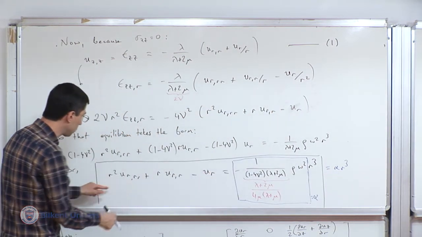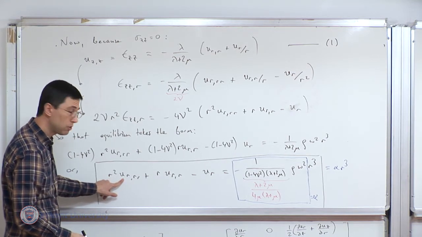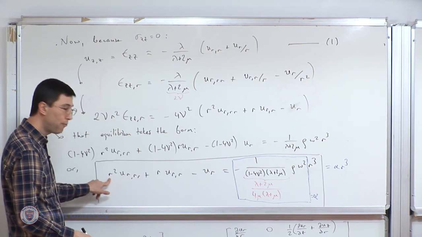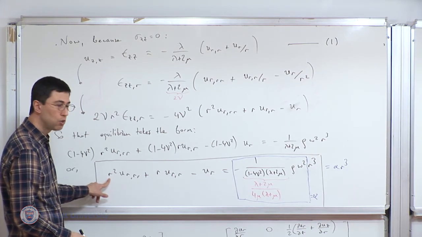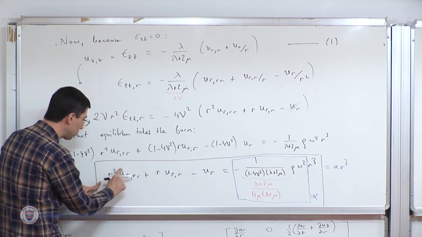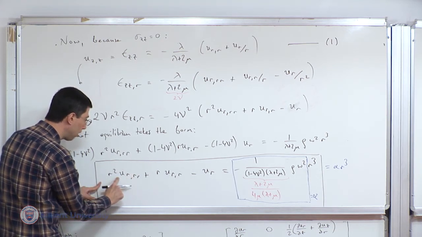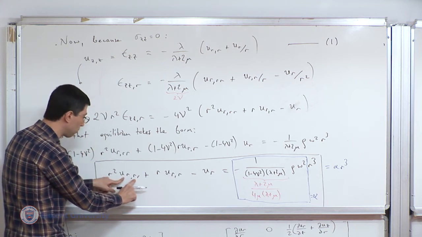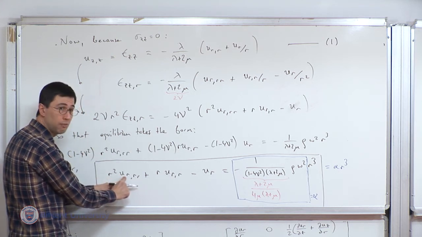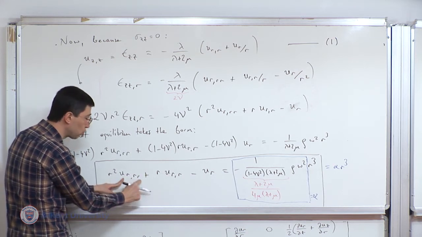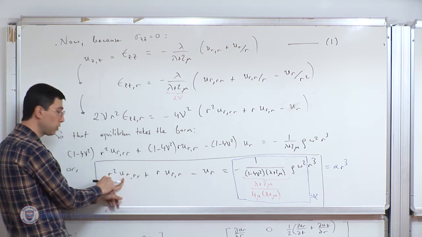And on the left-hand side, there is ur, and there are other terms, but the derivatives are with respect to r, and all the factors are with respect to r. So when I do averaging, the average of ur with the partial derivative with respect to r becomes an absolute derivative, because once you do thickness averaging, the z dependence disappears, and this becomes two ordinary derivatives multiplied by r squared.